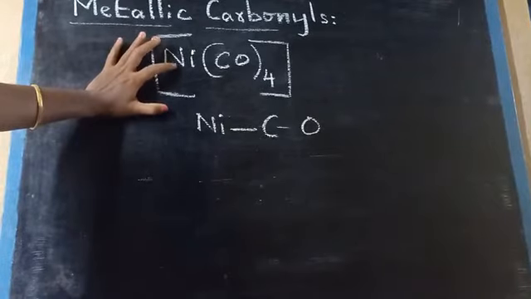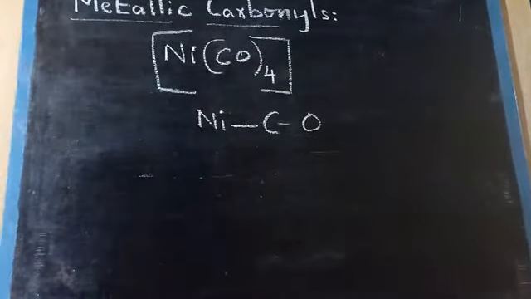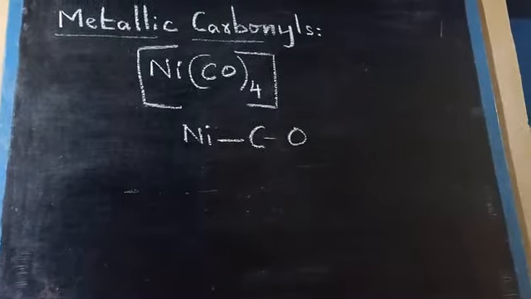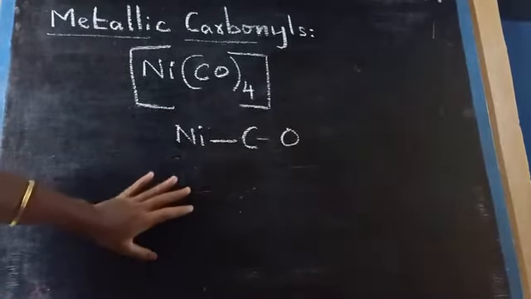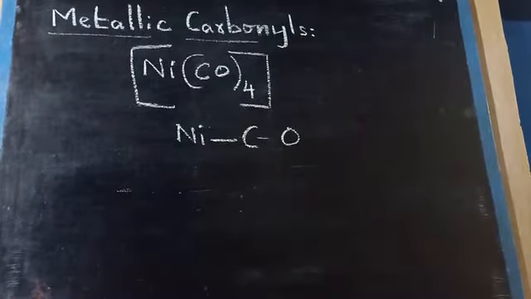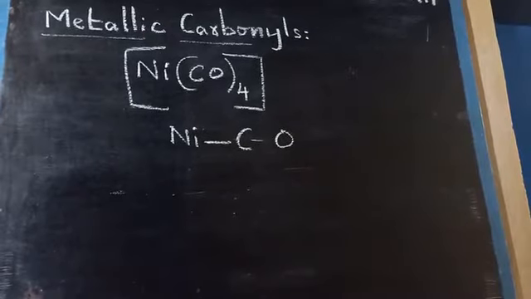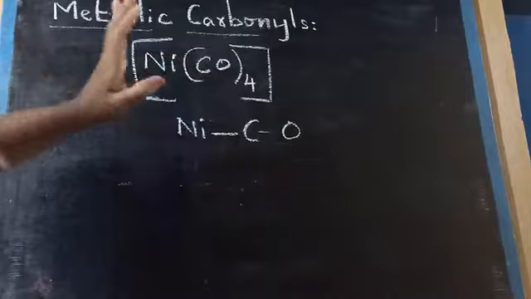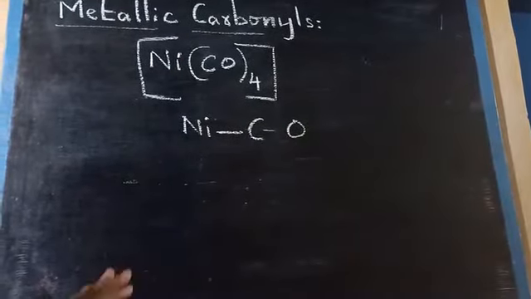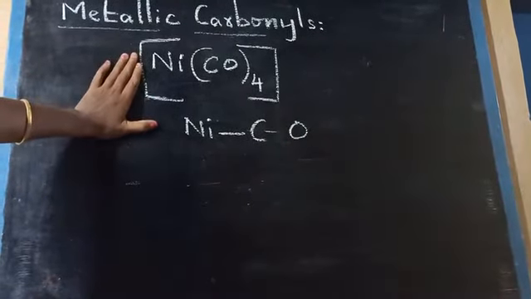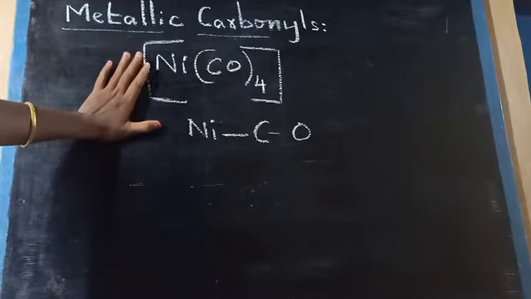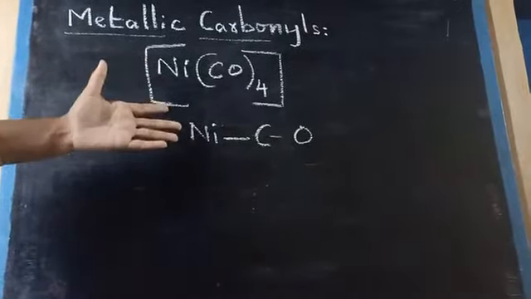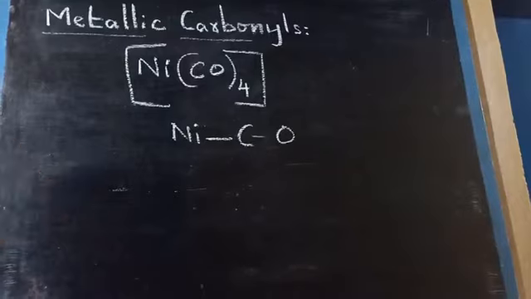Homoleptic means the same type of ligand is present. Same type of ligand means here CO. CO is a neutral type of ligand, you know very well. So this one is studied elaborately, and it is useful in many ways.